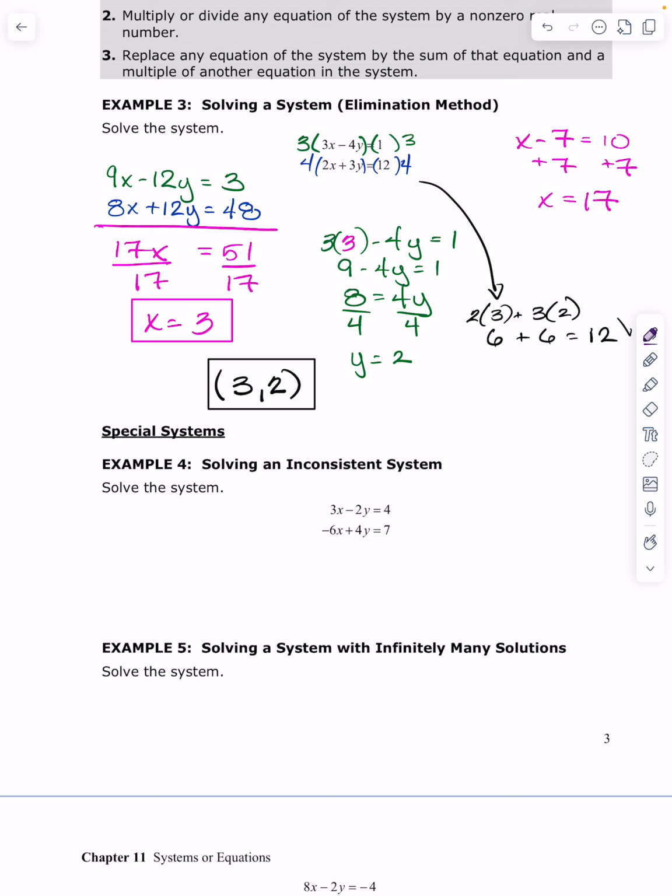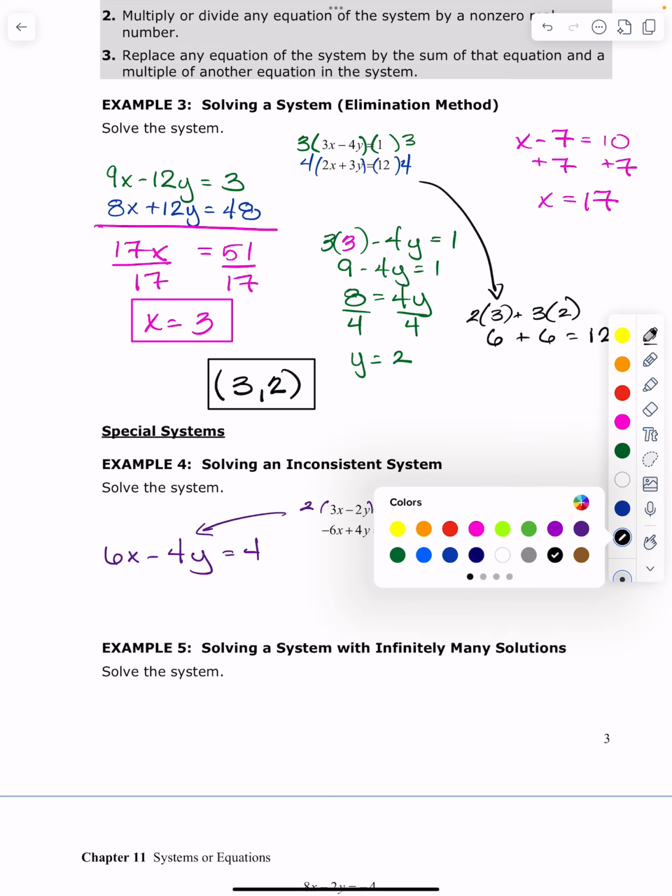So I've got a positive 3x, I've got a negative 6x. I'm going to go ahead and multiply my top equation by 2. And I'm going to get 6x minus 4y equals 4. I'm going to leave my second equation the way it is.